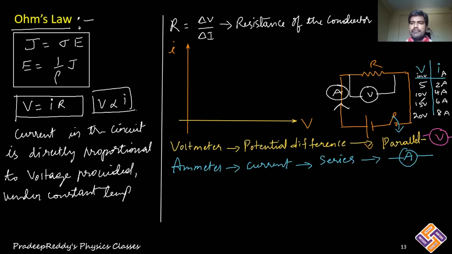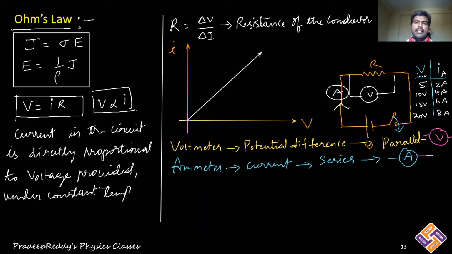And if you plot a graph for these values, which you have got experimentally, you will get a straight line which passes through the origin, depending on the values you get here. Usually, I am taking a straight line here.